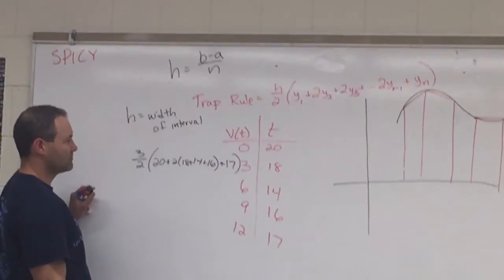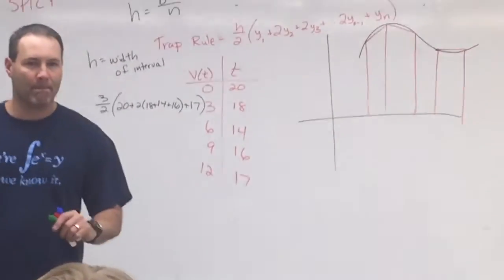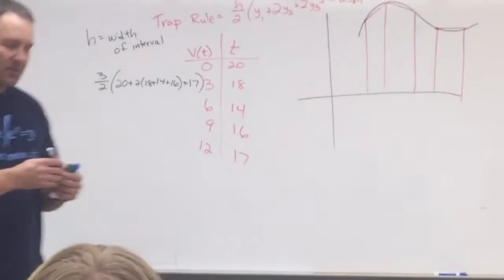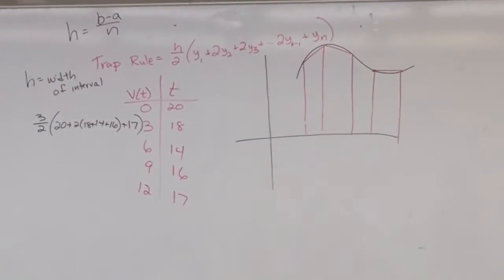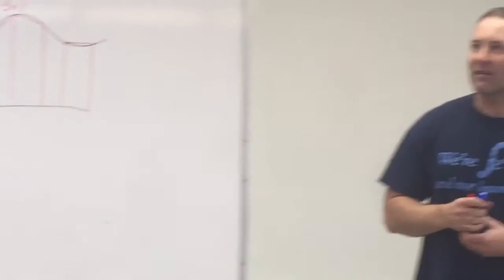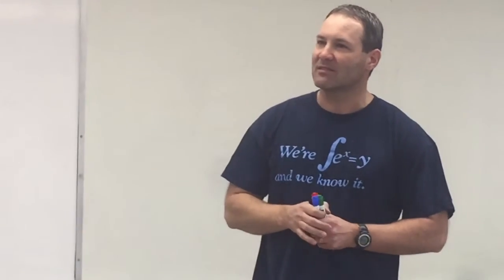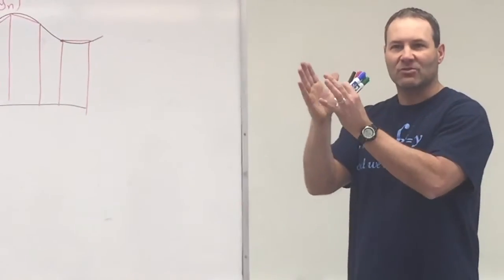Are we always going to have trapezoids that are the same length? That's a good question. Is h always going to be uniform through the whole problem? Actually, you'll see on the AP exam, at least half the time they'll have different size intervals, where you literally have to find the area of that trapezoid plus that trapezoid and so on.